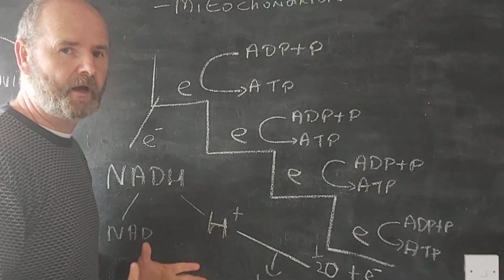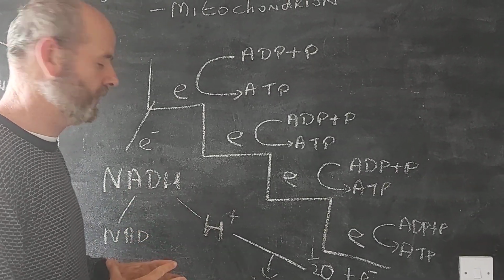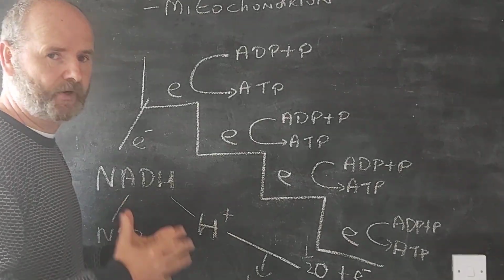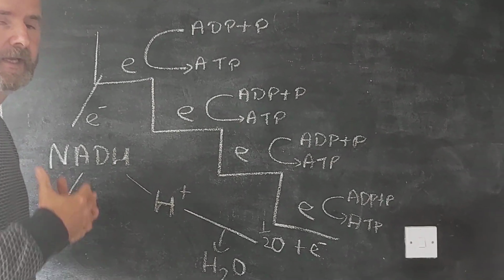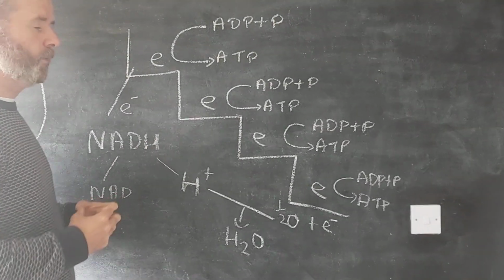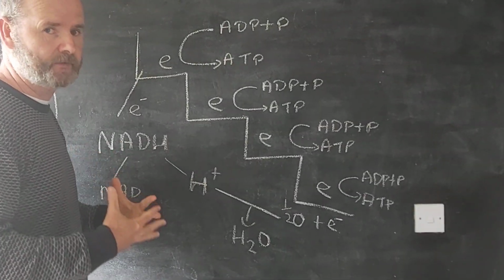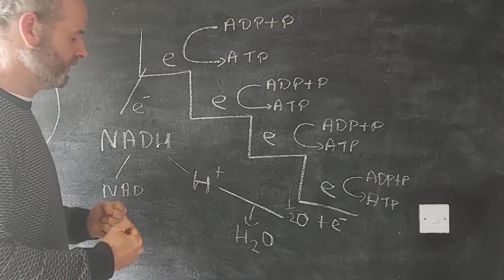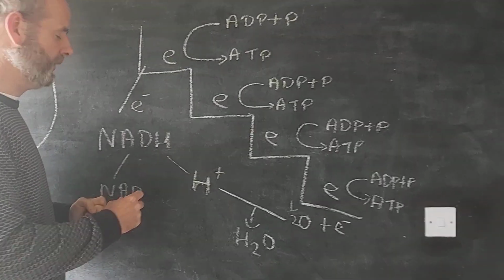Now, following on from Krebs cycle, we have this electron transport chain, or sometimes it's called the electron transport system. Now what's going to happen here is we're going to produce a huge amount of ATP, which is energy. Now how is the ATP formed?